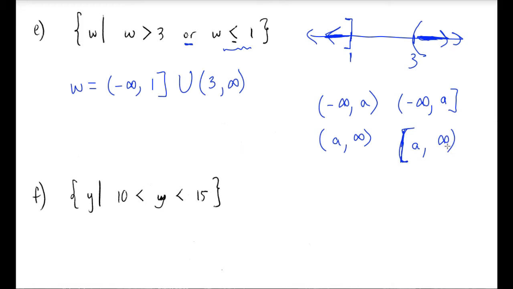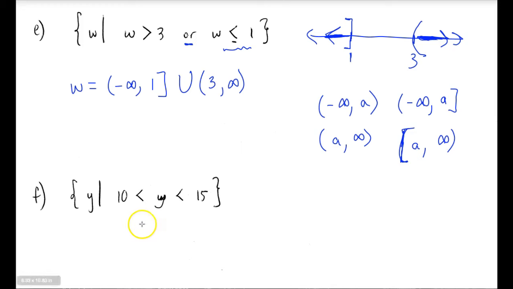We never put brackets on an infinity sign, whether it's positive or negative. The reason for that is that whenever we have brackets, brackets basically say that we have a quantifiable number that we can stop at. And of course, infinity is a concept, it's not necessarily a number. So because of that, we never put brackets on infinity because we don't know how much infinity actually is going to be.